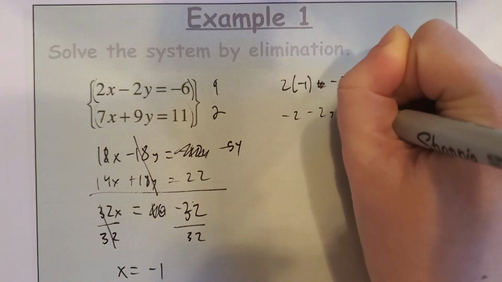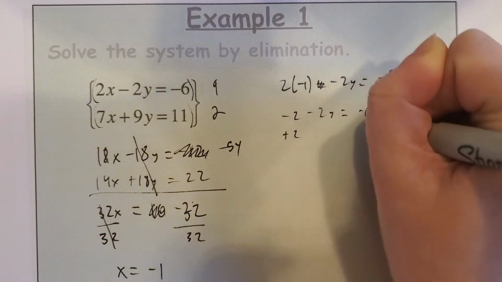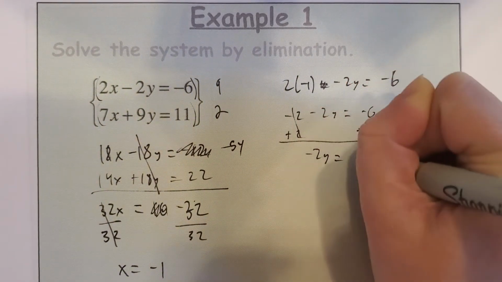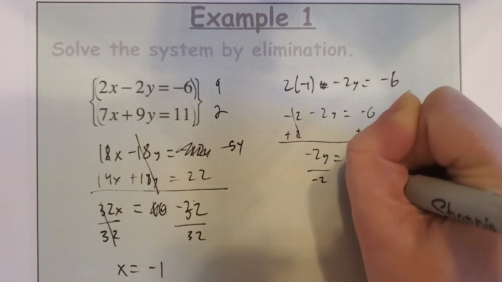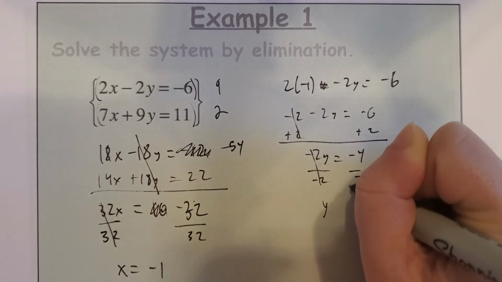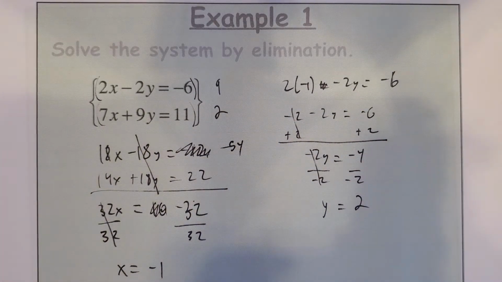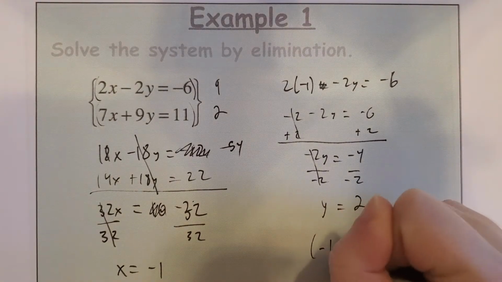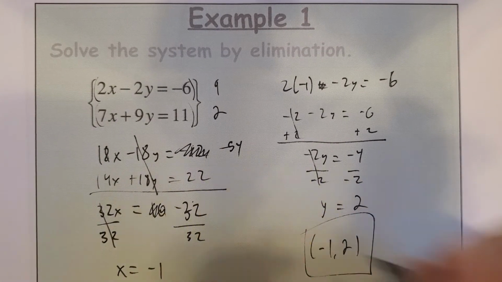Negative 2, add 2, divide by negative 2, so y is 2. And then, last but not least, make sure you write your final answer as an ordered pair.